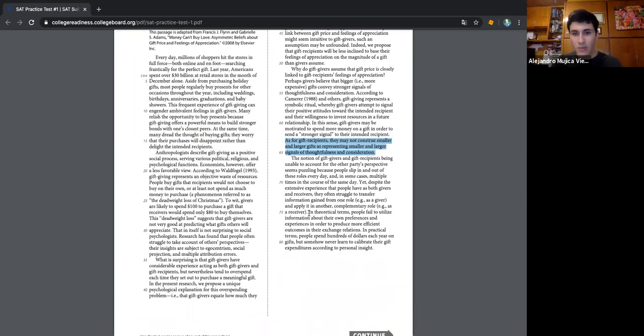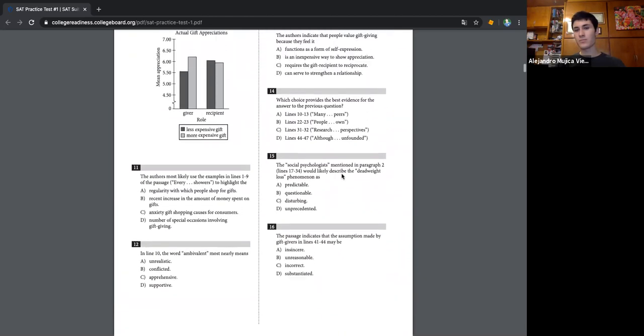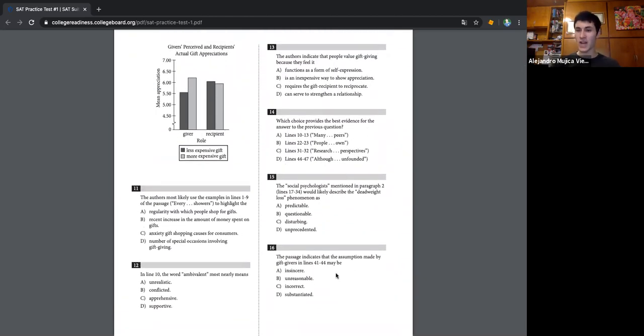In theoretical terms, people fail to utilize information about their own preferences, blah, blah, blah, to produce more efficient outcomes in their exchange relations. Okay, so this is also not wrong. It's actually contradicting the assumption.